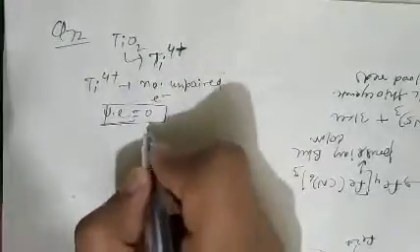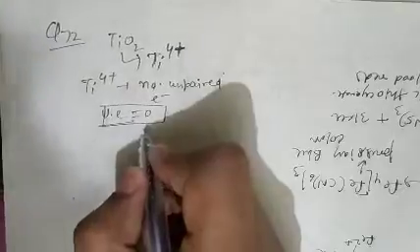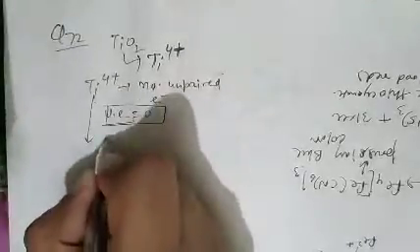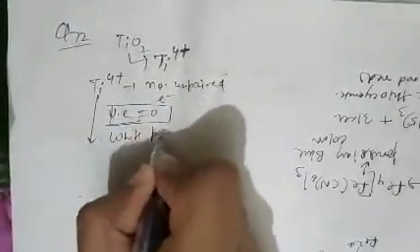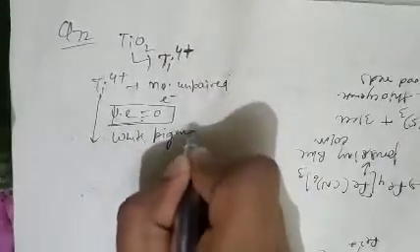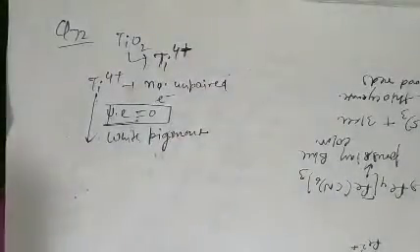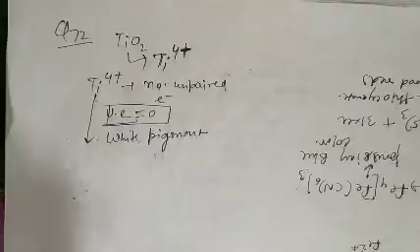When unpaired electron is 0, it can be used as white pigment. So basically it is colorless, white pigment. That is TiO2 due to 0 unpaired electron. So question number 72 option A is correct.